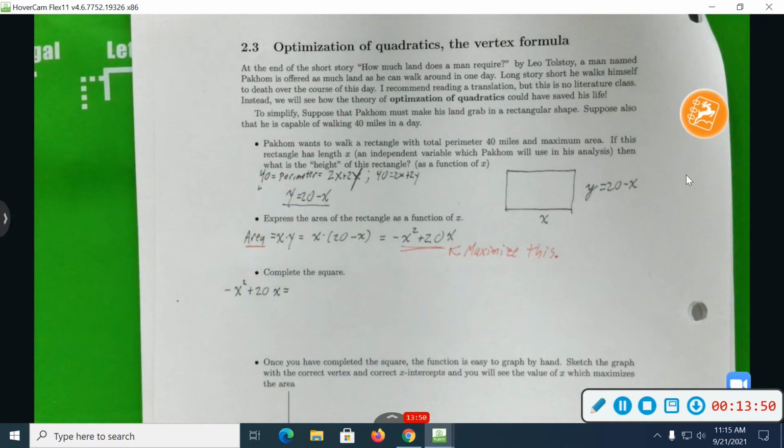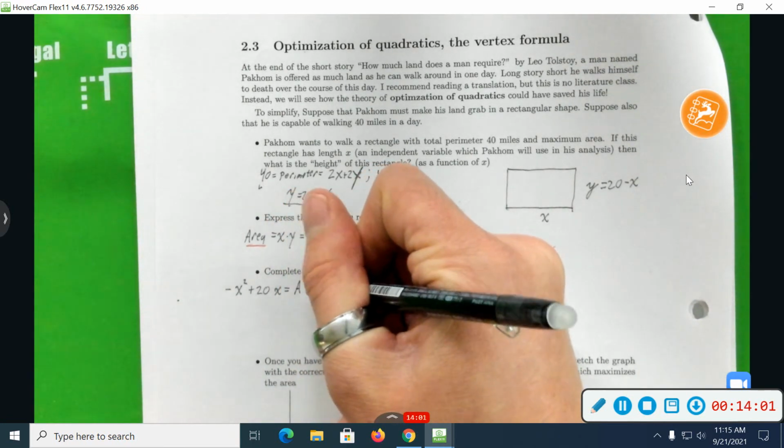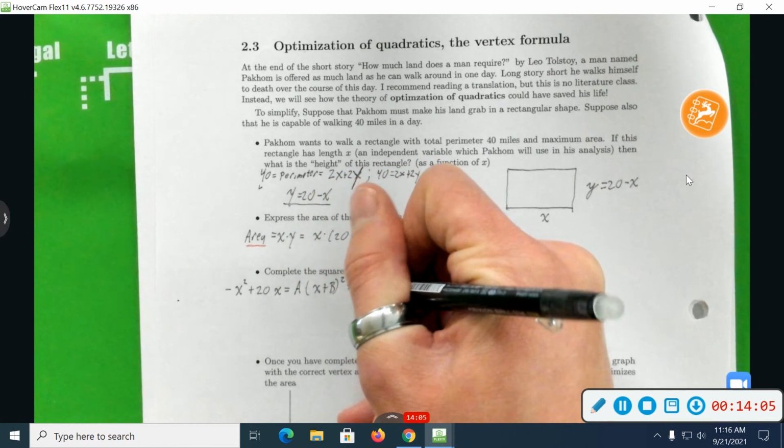I'm going to show it in more gory detail than in general I would expect you to have. So completing the square means I want to write it as a times (x plus b) squared plus c.